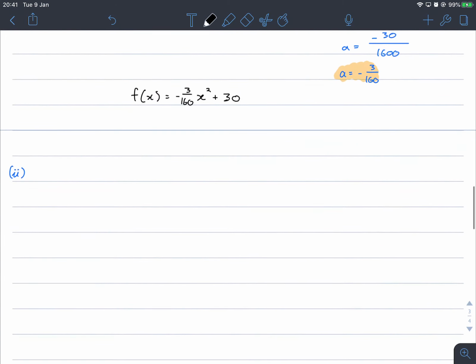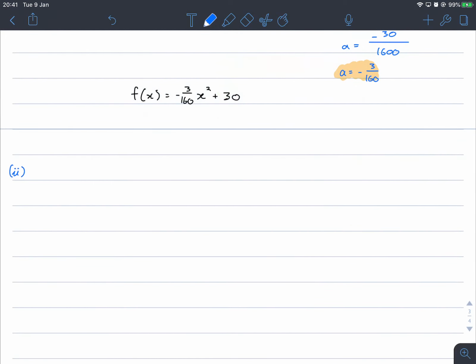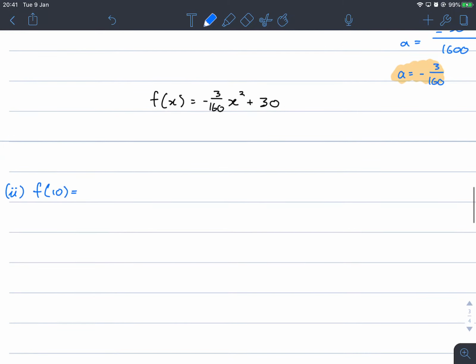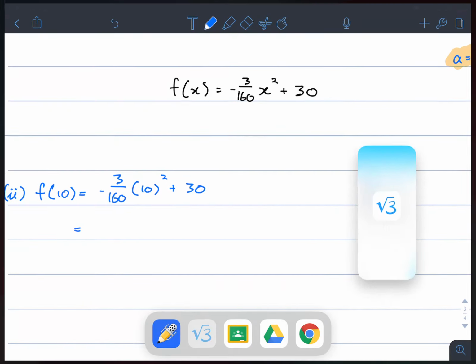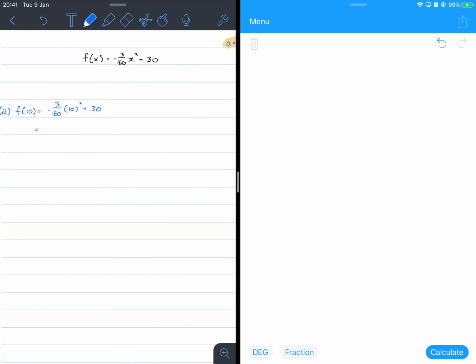Okay, so now let's do this. So we need to substitute f of 10 into this equation. This will give us negative 3 over 160 times 10 squared plus 30.